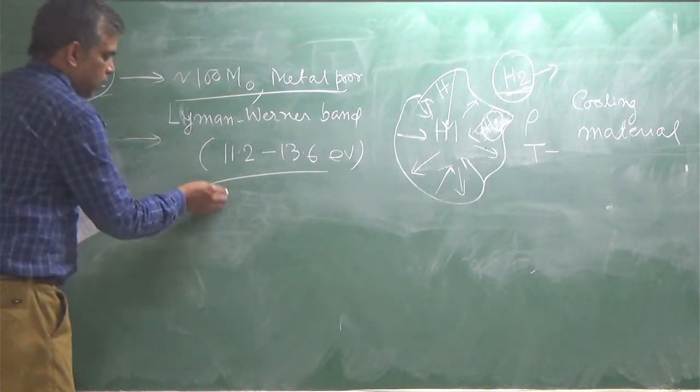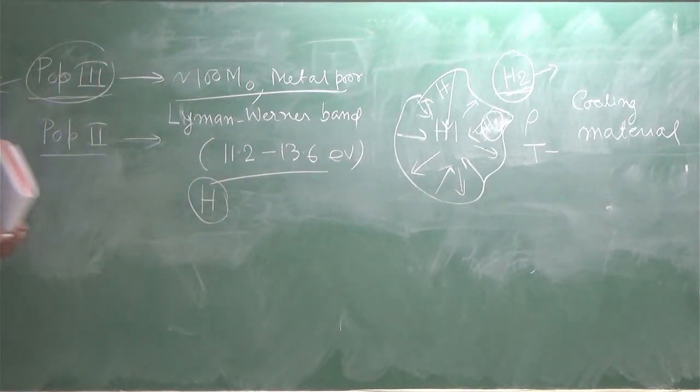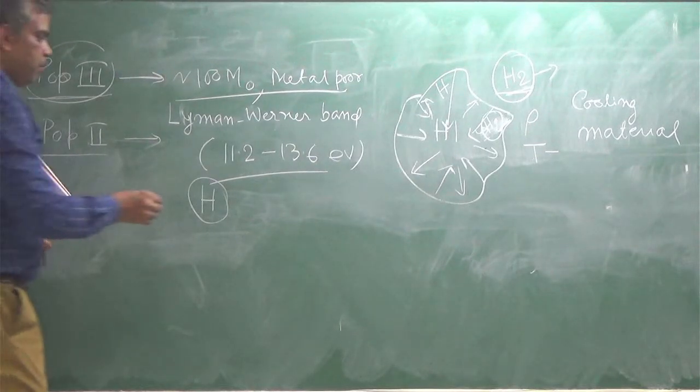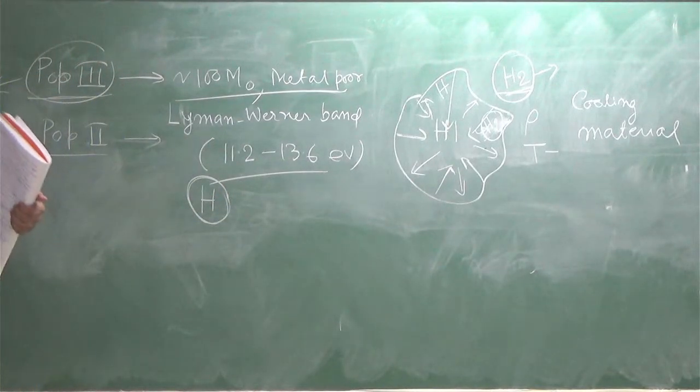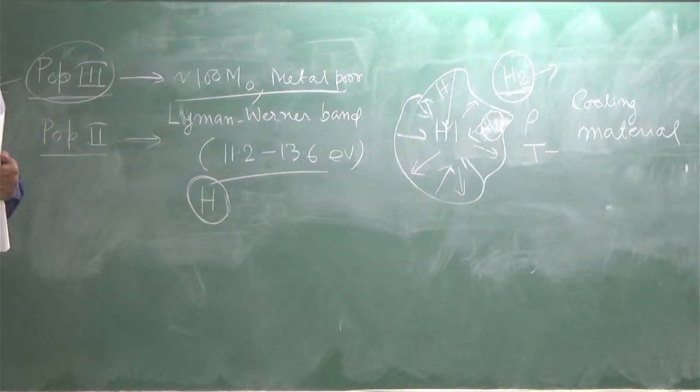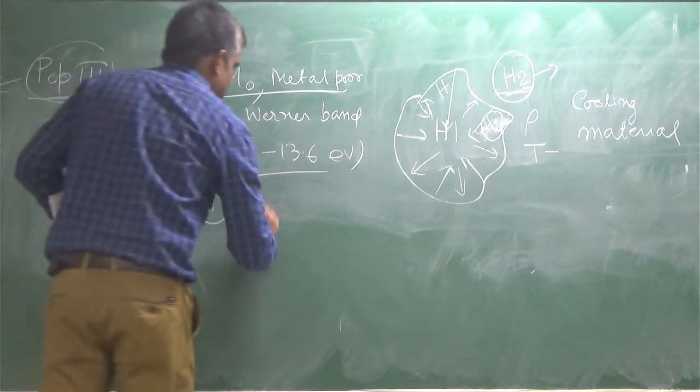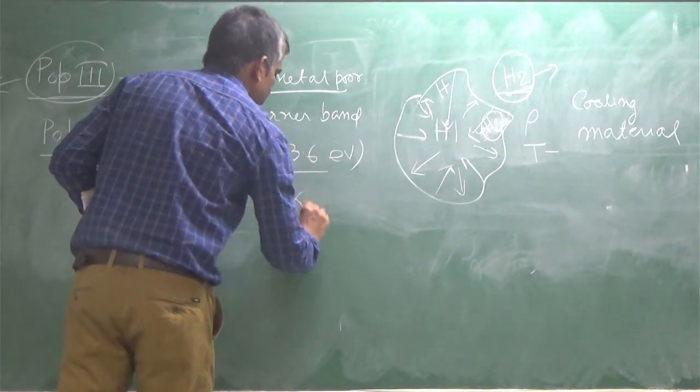But in order to make this atomic cooling channel efficient, you need very massive sources, because you need a temperature around 10 to the power 4 Kelvin.